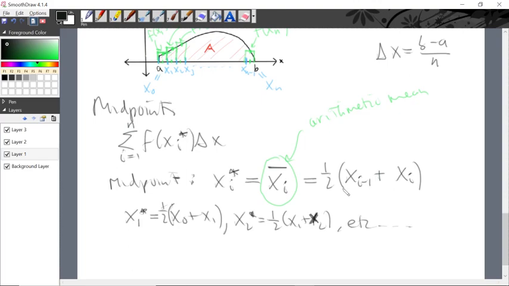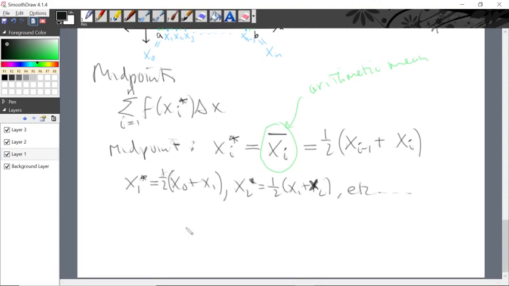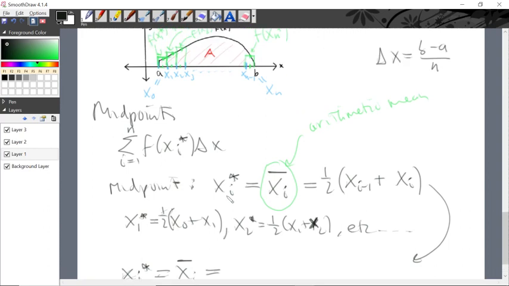Now we can put this in terms of a and delta x's as well. Okay, so for that I'll go down here. So our xi star, which is xi bar, okay, how else can we write that? Well, the first one we might notice is a plus 1/2 of a delta x, right?